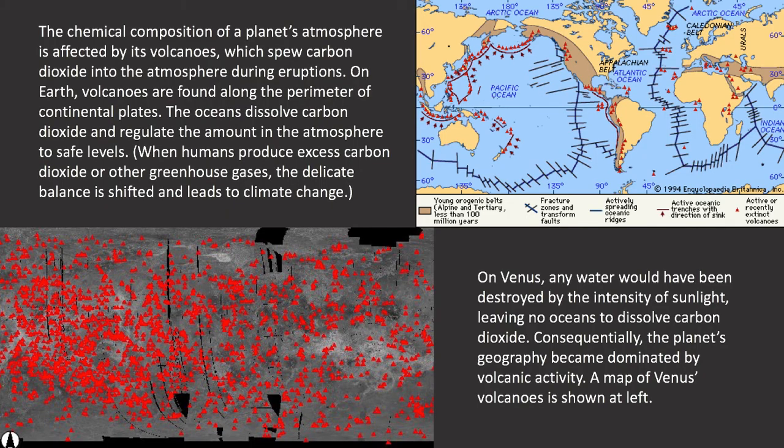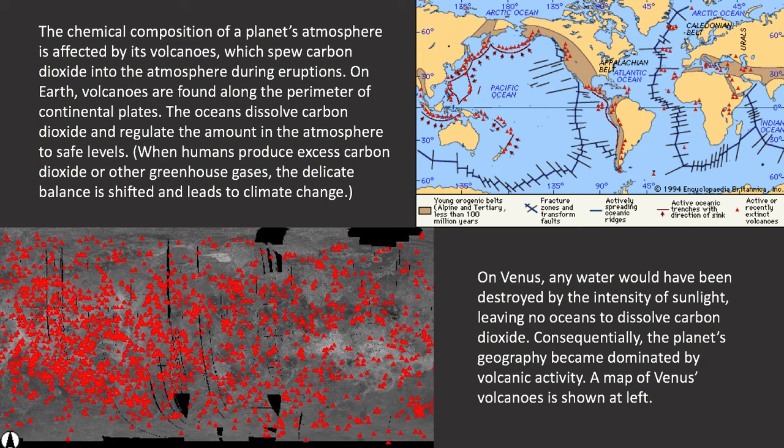Now, another way to see how stark this difference is, is to take a look at the map of volcanoes. So look at the upper right first. The upper right are the volcanoes on the Earth. They're mainly located along the plate boundaries, and so the friction of the plates has caused places where magma is free to come up through the surface.